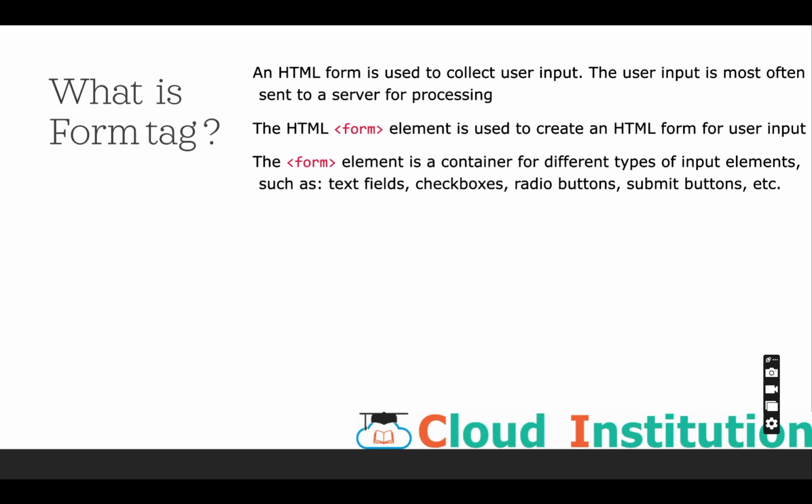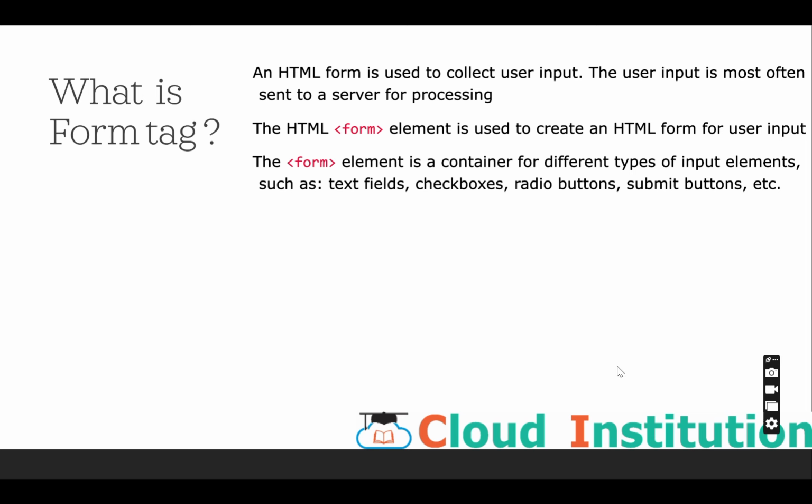If I want to add the email, there is the input again, with type email. For the password there is a type. There are different input types. So input is basically to get the user data. That's the reason we use the input element in the form.